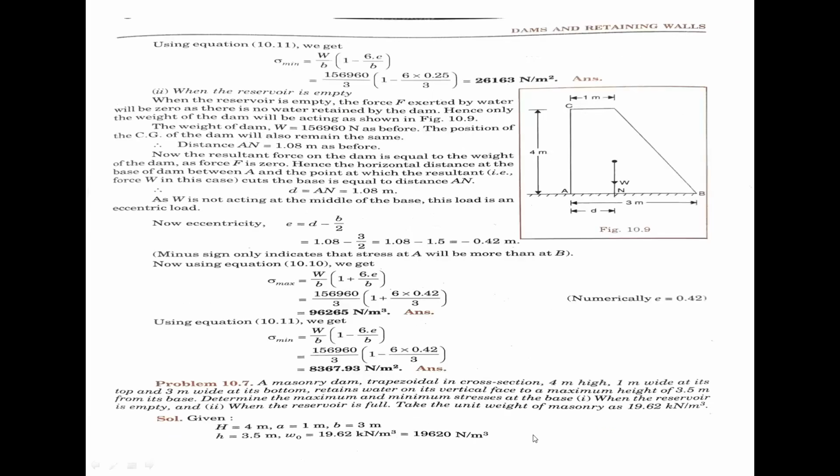Now the minimum stress: W by B into 1 minus 6e by B, that is 156960 divided by 3 into 1 minus 6 into 0.25 divided by 3, which gives 26163 Newton per meter square.